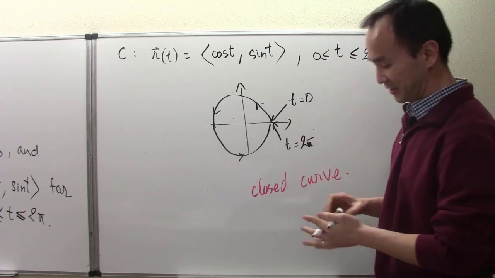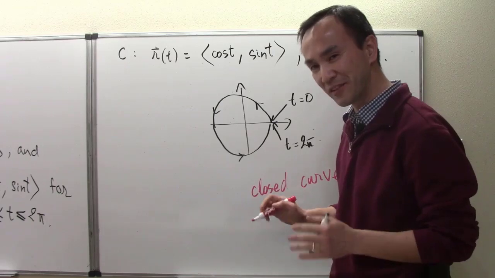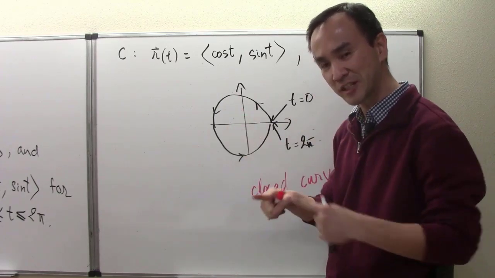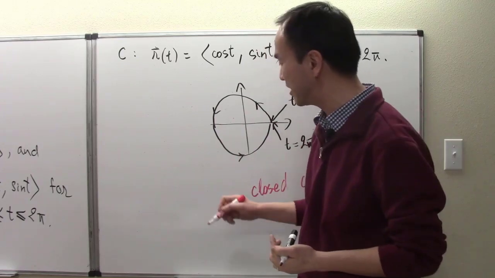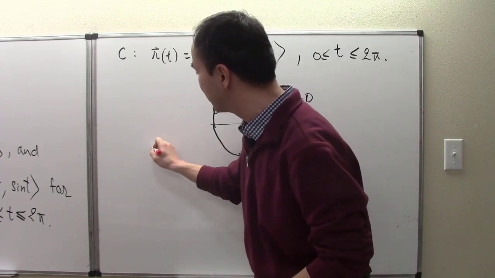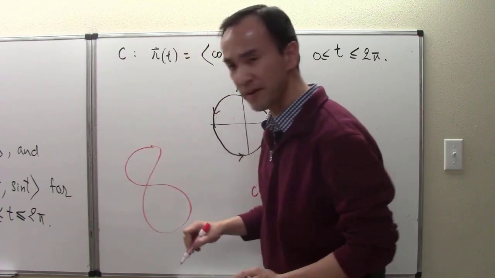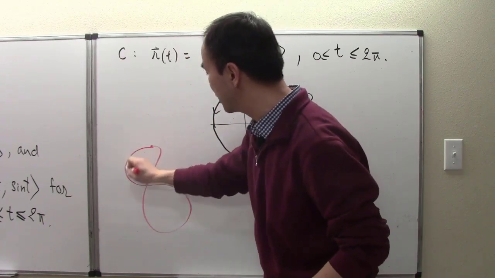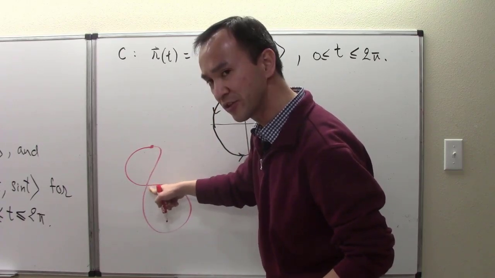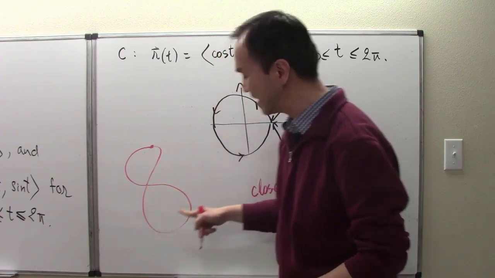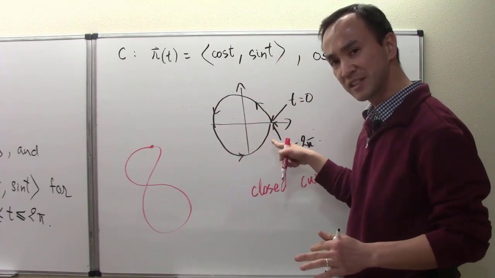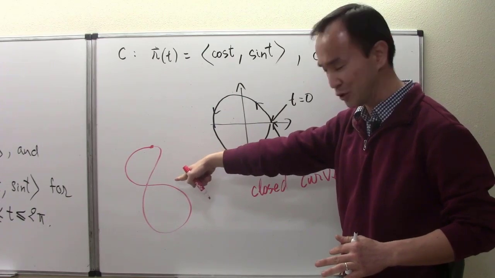Now, in the world of 2D planes on the x-y plane, a closed curve can also be a curve like this, like an H shape. We start out here, cross around, and come back to the same point, but there's a crossing, so this is also a closed curve. But you can see that this closed curve is different from the one I drew in red.